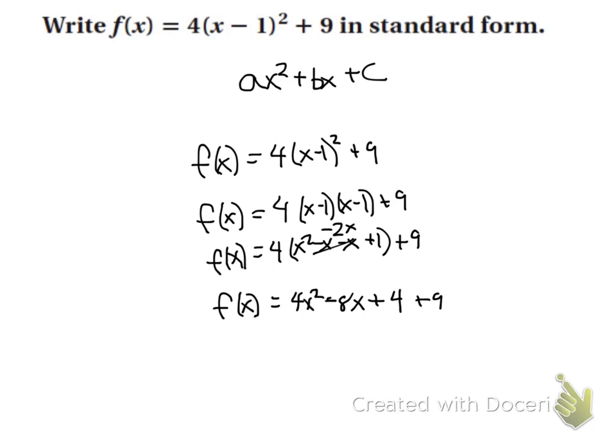Add up our like terms at the end, and we would have it in our standard form: 4x squared minus 8x plus 13. And that's how you get things back into standard form.